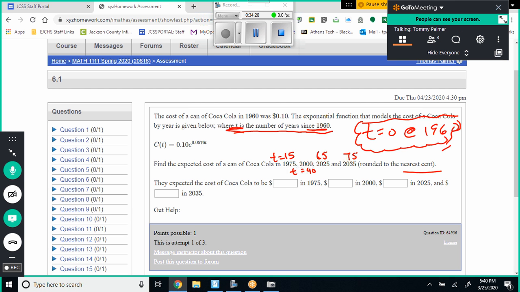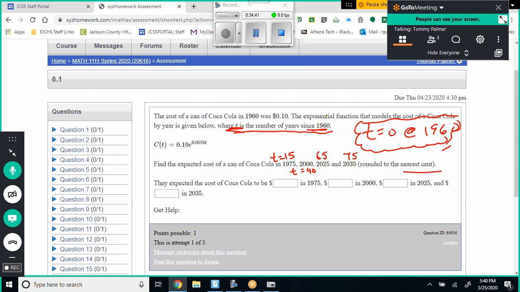They say it ought to be $4.23. That's what it says. But does that make sense? No, right?